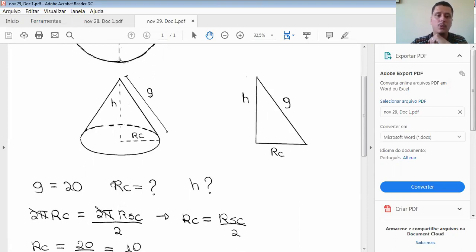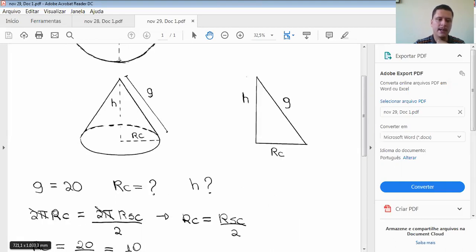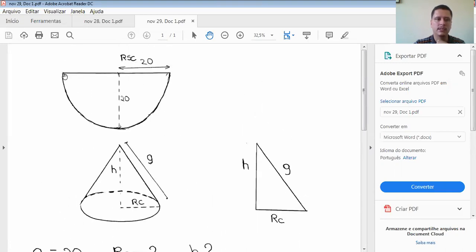Although we do not know RC, we do know that the perimeter of the base of the cone is going to be the length of this arc here on the semicircle. So what is the formula that gives us the perimeter of a circle? 2 pi r. In this case, r is the radius of the cone, equals the length of this arc. It's very easy to see that the length of this arc is half of the full perimeter if the circle was complete.